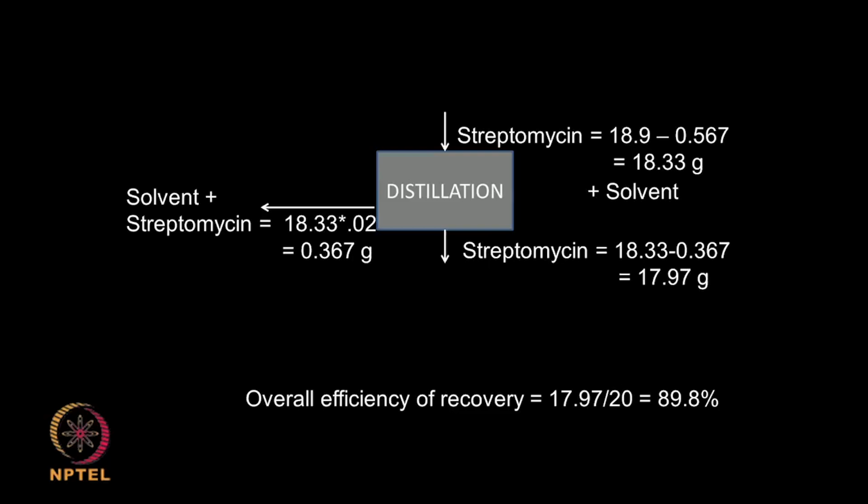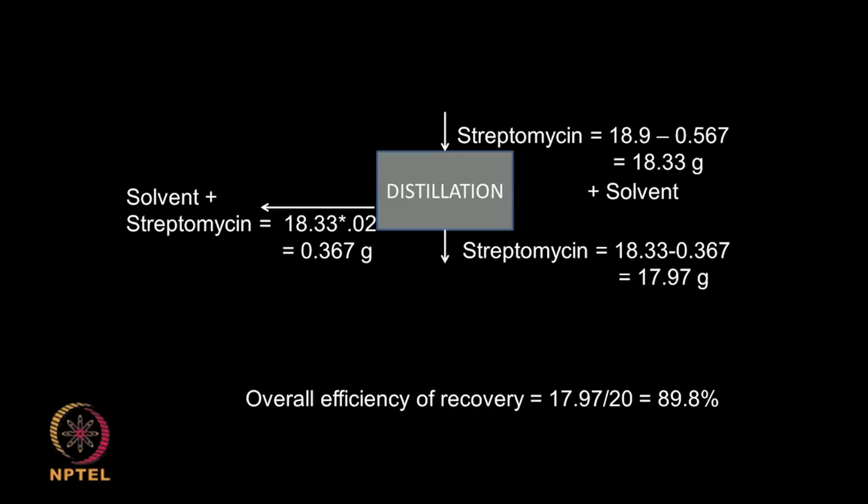I can make my filtration more efficient, so that when I filter I will not allow too much liquid to stay with the biomass, that is the solid. I will try to make it dry as much as possible, so that all the liquid goes down into the filtrate. I can improve the efficiency of my downstream, so that instead of 97% I can make it 98 or 99.